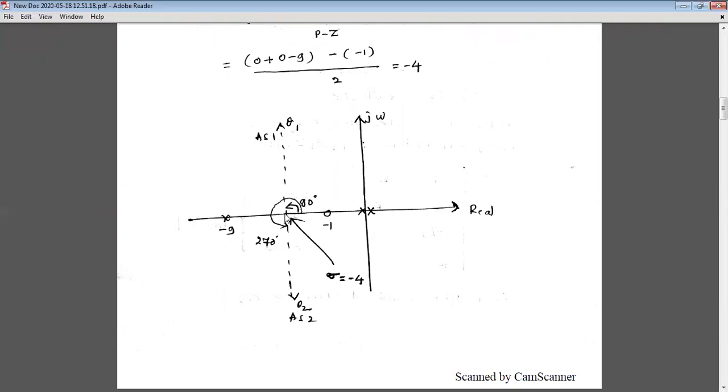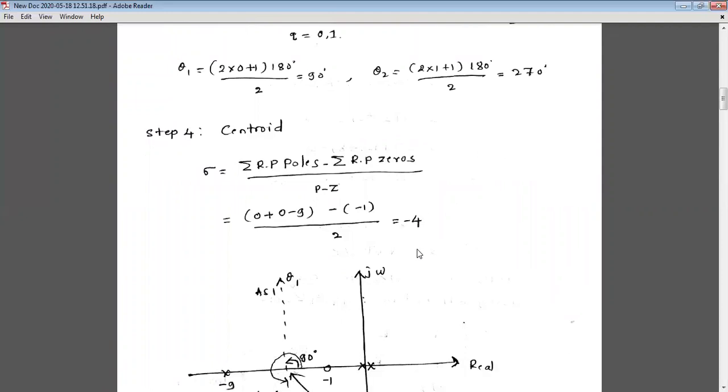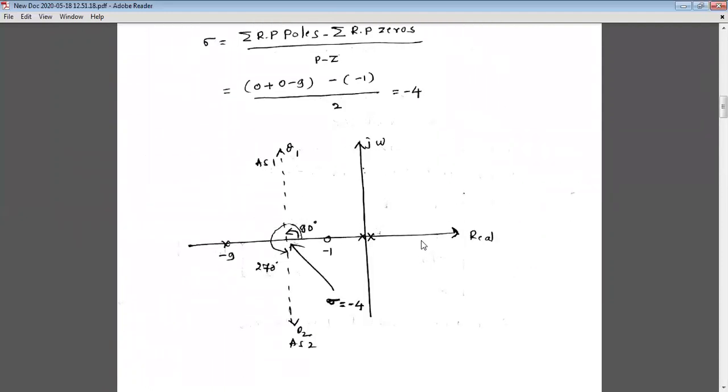At this point we have the asymptotic angle, the first one as 90 degrees. That is AS1, asymptote 1, its angle theta 1 is 90 degrees. Here is AS2, asymptote 2, and its angle theta 2 is 270 degrees, as we have calculated here, 90 degrees and 270 degrees. Here is the centroid minus 4, right? This is the rough intermediate diagram. This is not the final root locus, right?